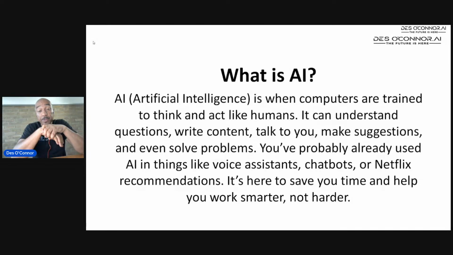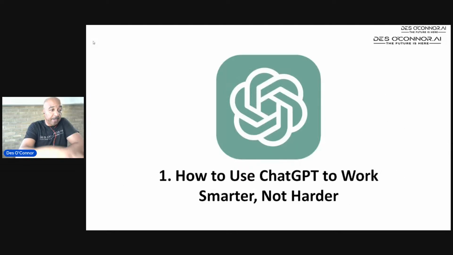I remember when you'd buy a book and you'd get a recommendation of the top books, or the popular books people are ordering now. That was AI doing that. Netflix as well, you get recommendations on Netflix. So it's here to save you time and help you work smarter, not harder.